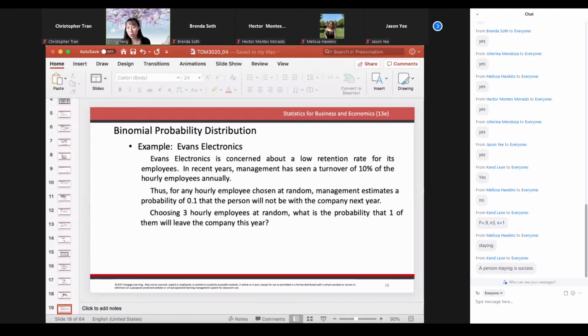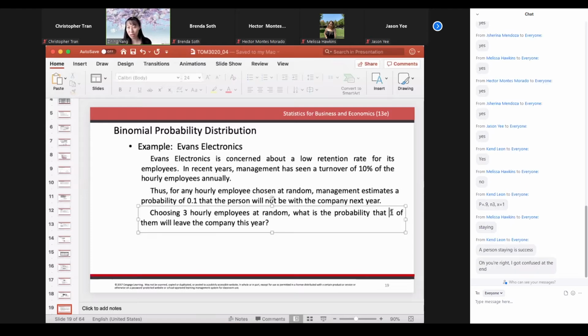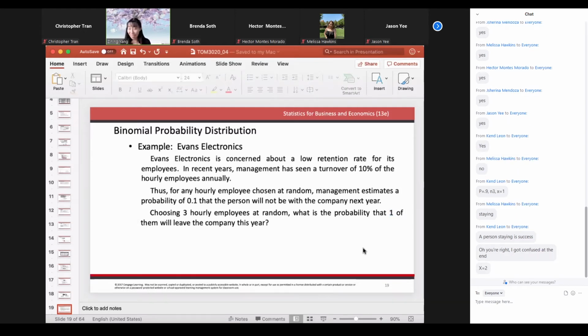So if your p is 0.9, then your x would be 2. Right, we define the success as staying. So we say 1 of them leaves, but the other 2 stay. Yes, so that is one way to define it.